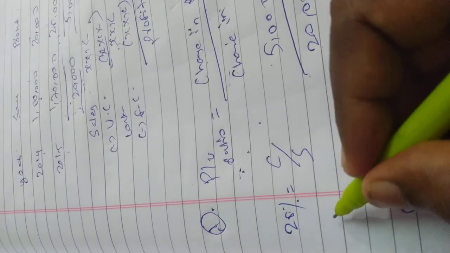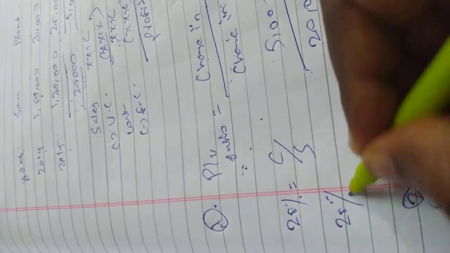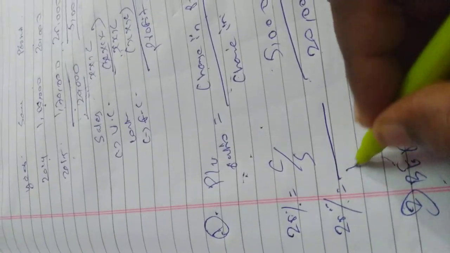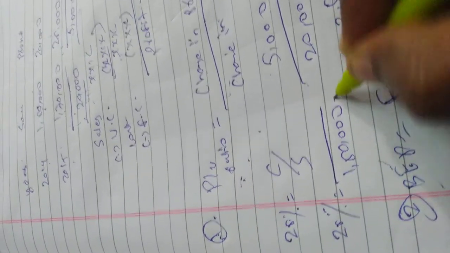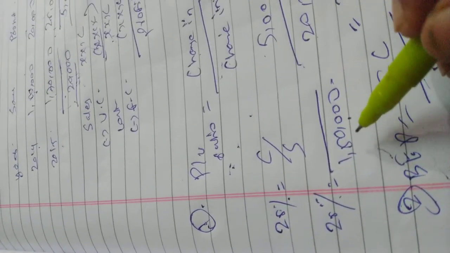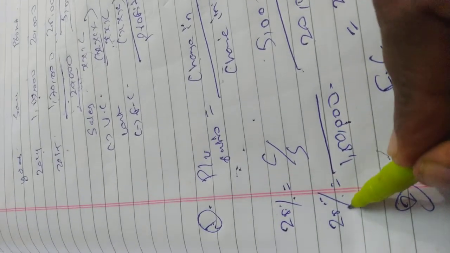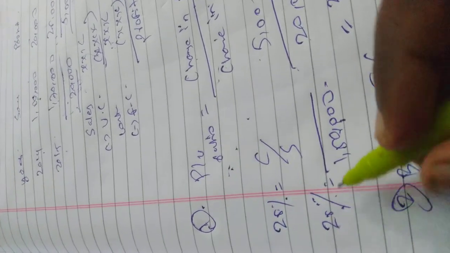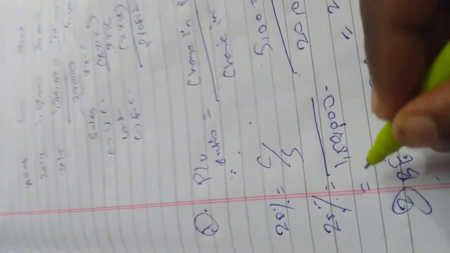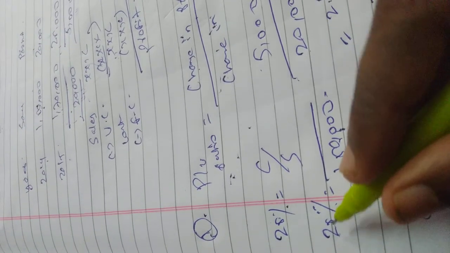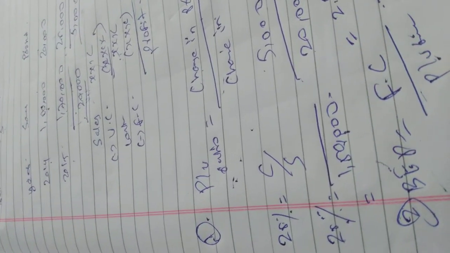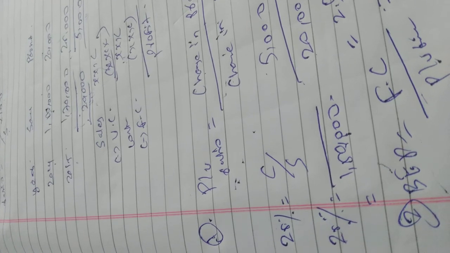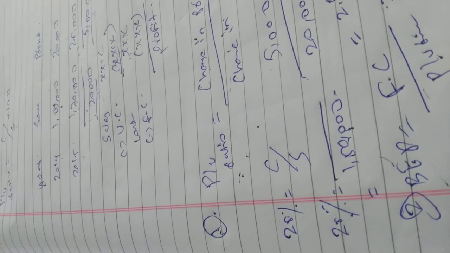PV ratio is 25%. We don't know the contribution amount, but we know the sales amount. Sales amount is 1,50,000. So 1,50,000 into 25% equal to how much? That is your contribution.